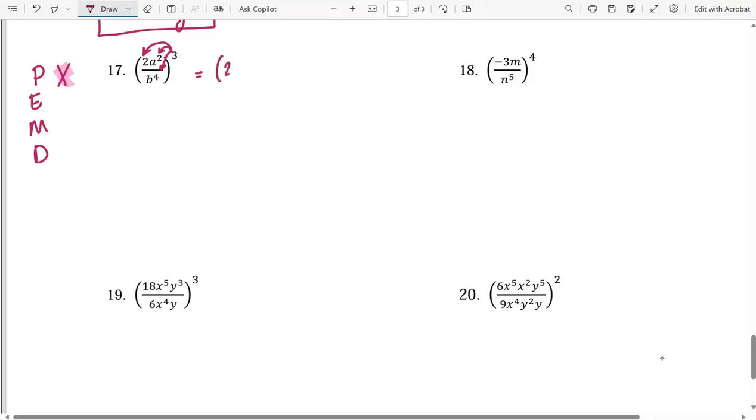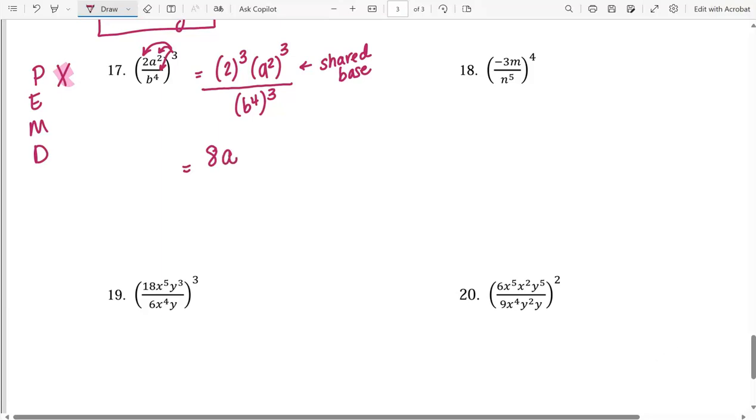Meaning, on top, the 2 gets cubed, and the a squared gets cubed. On bottom, b to the 4th gets cubed. To simplify that, 2 cubed is 8. Because they have a shared base, that double exponent tells me I should multiply.